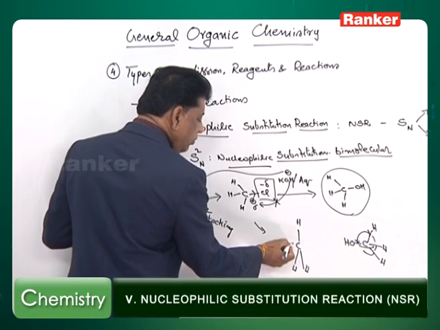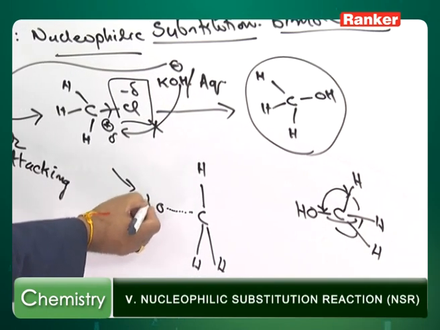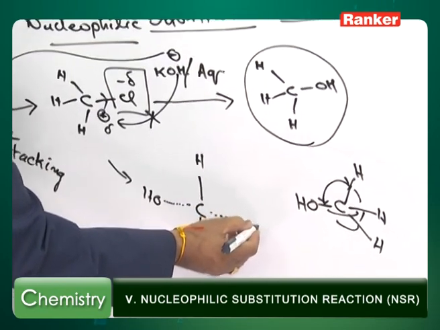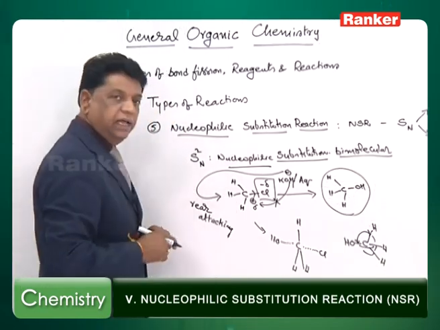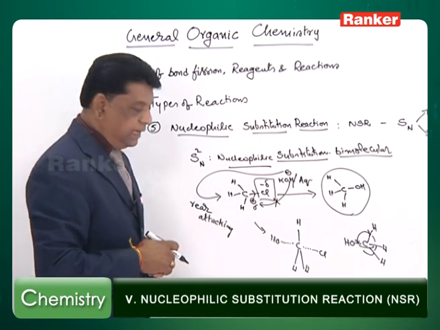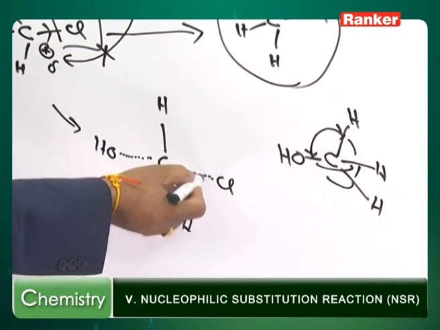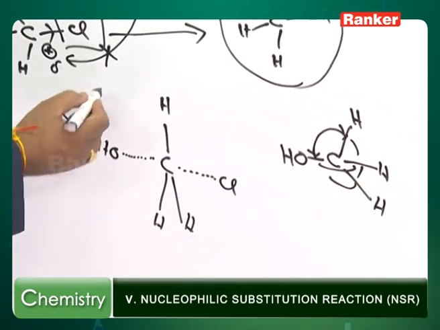At that time the OH is slowly forming the bond and the Cl bond is slowly breaking. It is not totally detached, nor is this totally attached. This is going to break slowly, and slowly the other bond is forming.